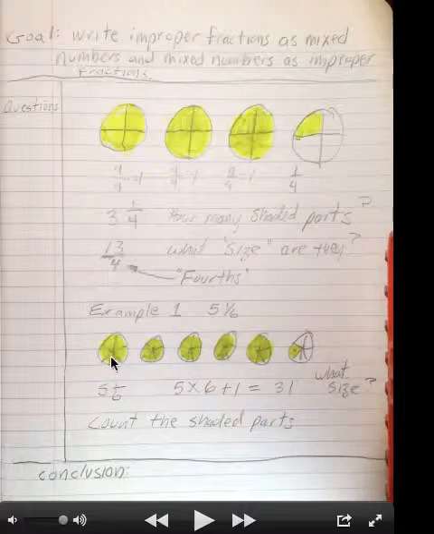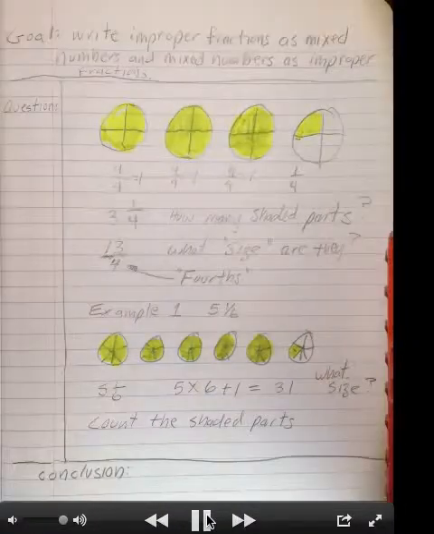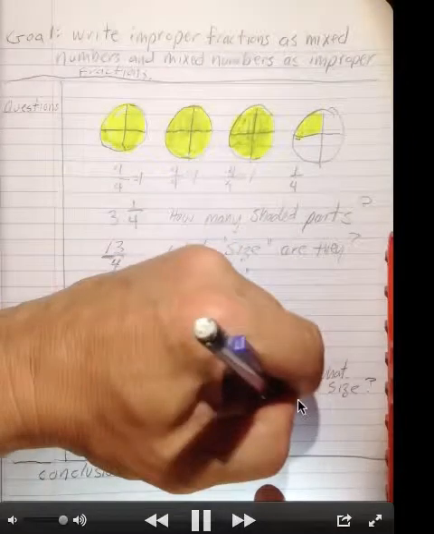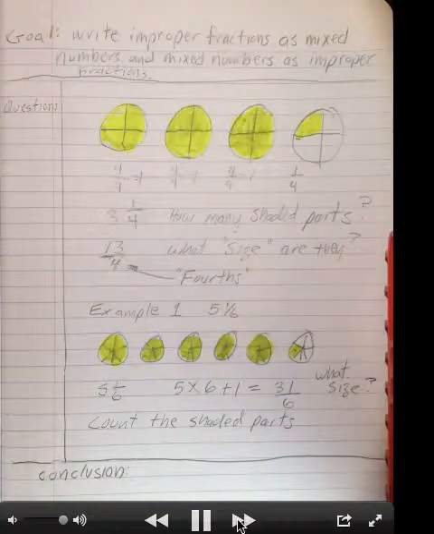So a shortcut, instead of just going 1, 2, 3, 4, 5, 6, 7, 8, 9, 10, 11, 12, and so on, the shortcut is use multiplication. So 5 times 6 plus the 1 that's left over gives me 31. What size are these? They're sixths. So this is 31 over 6.